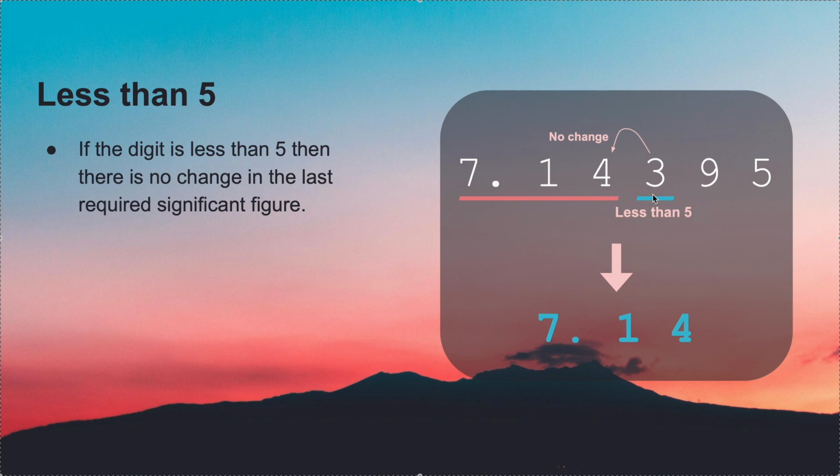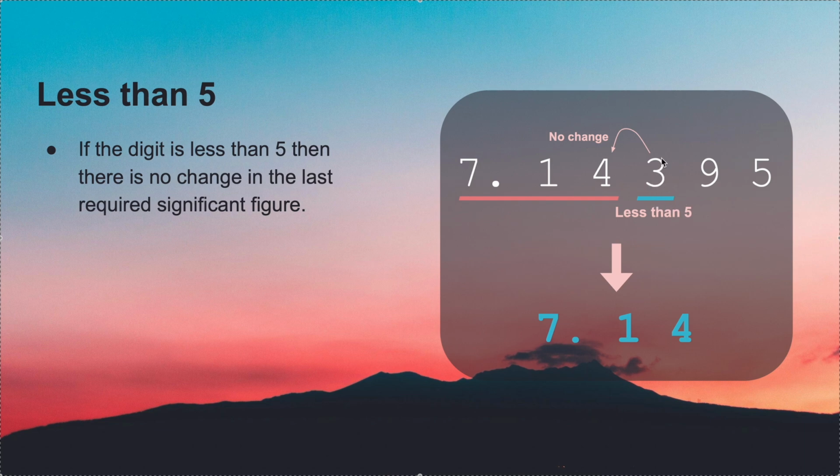So here we can see, in this case we have the given value as 7.14395. Since we need only three significant figures, we will neglect all the other values and we will have 7.14 here. But we also need to check the digit that comes after the required significant figures.